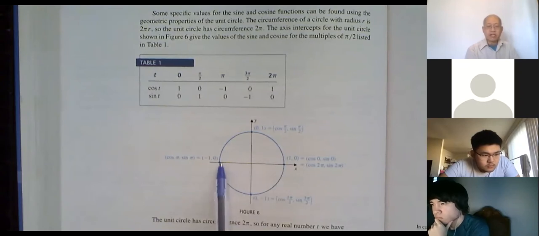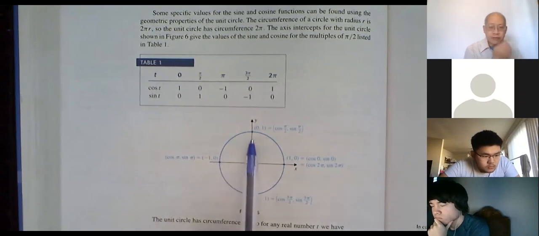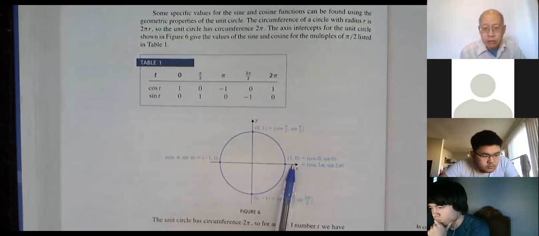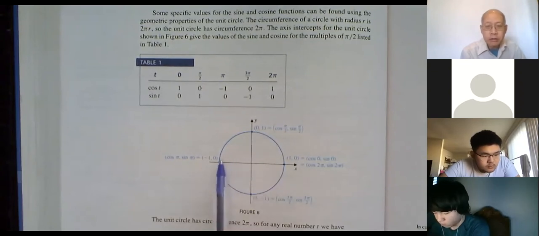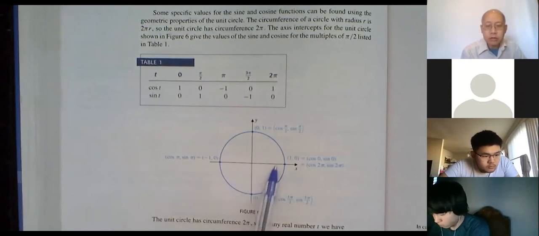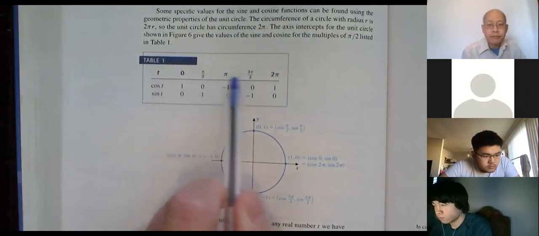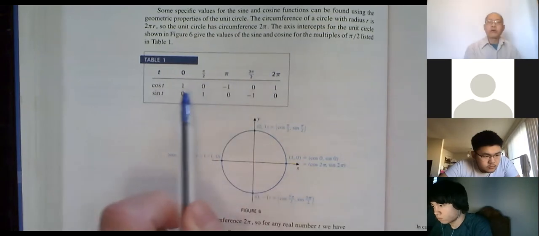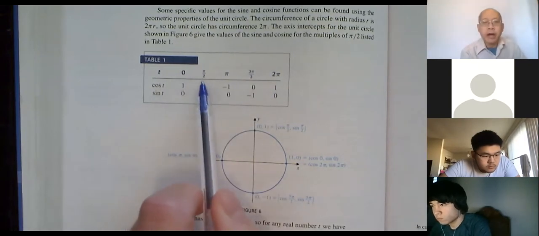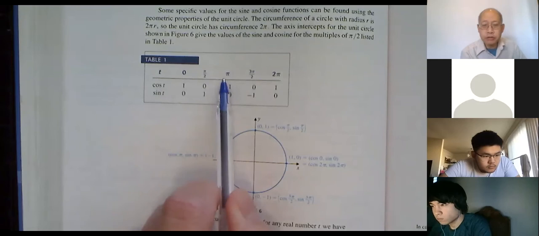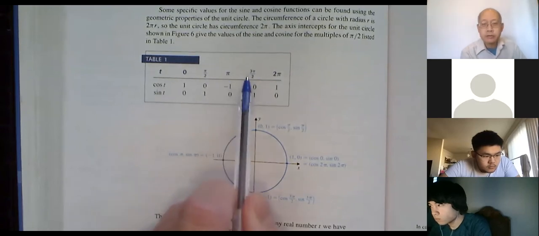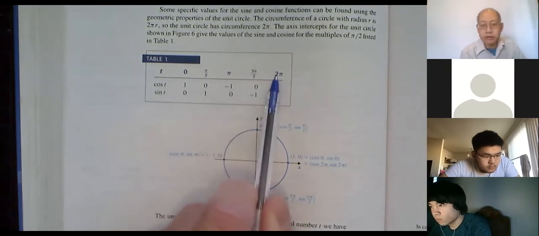So if I cut that in half, that's pi. If I cut that in half, that's pi over 2. So this is 0, pi over 2, pi, 3 pi over 2, 2 pi. Or if you like, 0, pi over 2, 2 pi over 2, 3 pi over 2, 4 pi over 2.